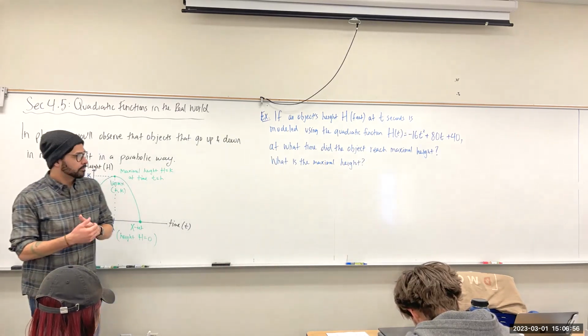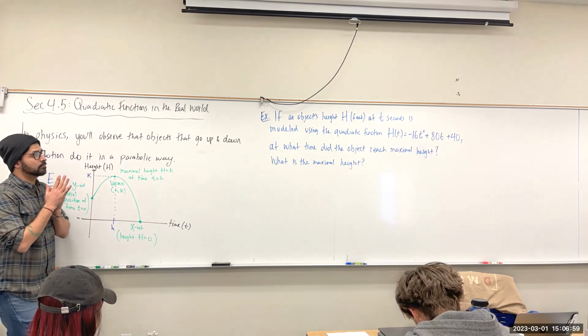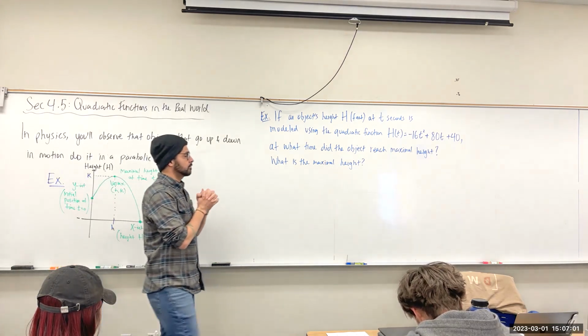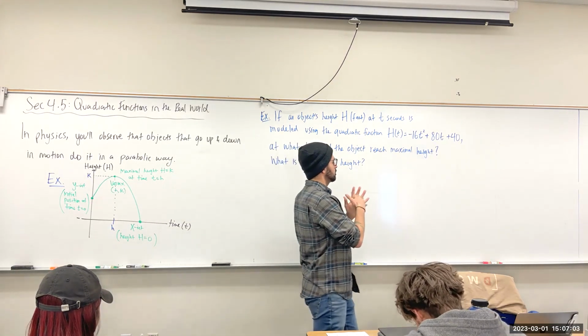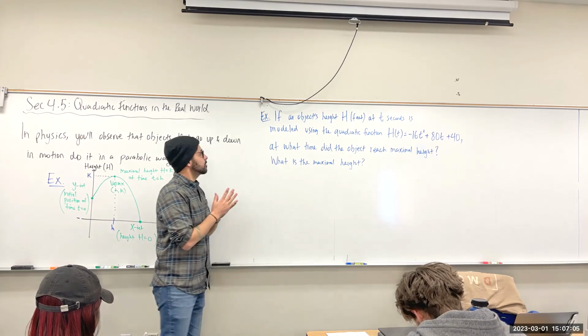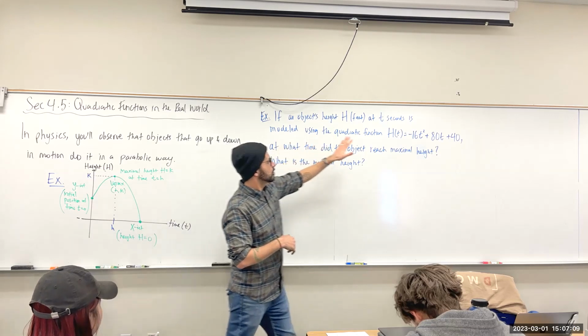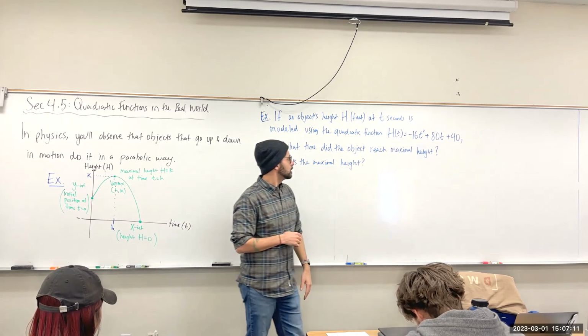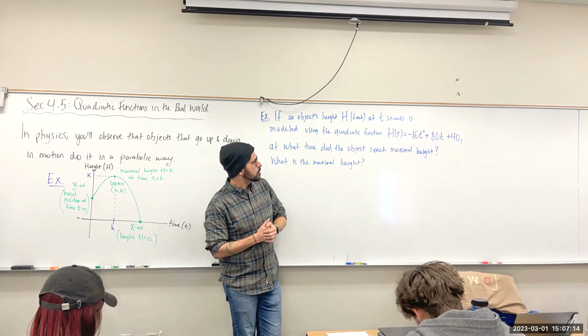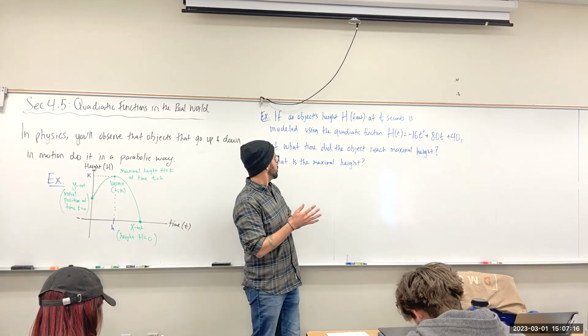Okay, so take a look at it. An object's height h in feet at t seconds is modeled using this quadratic function. At what time did the object reach its maximal height, and what is the actual maximum?